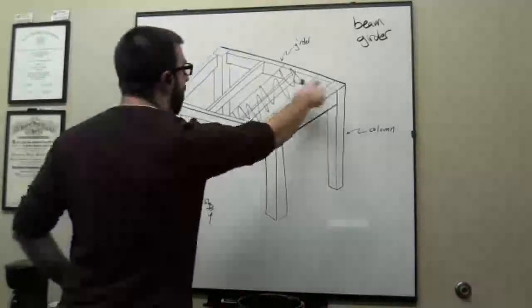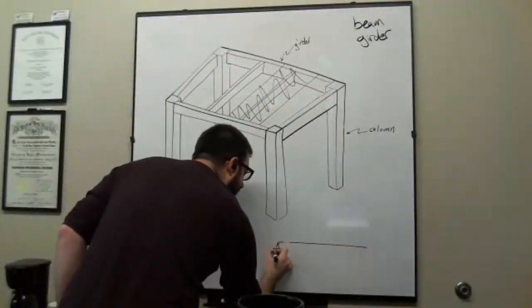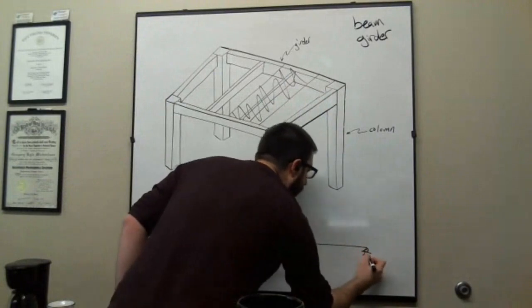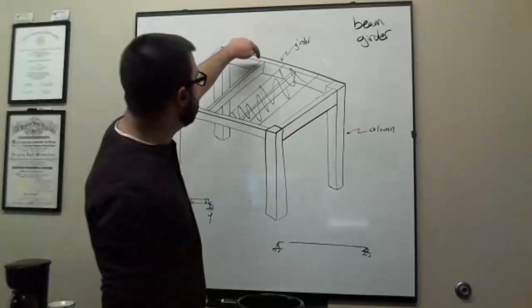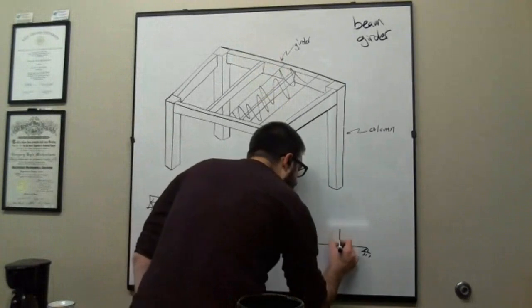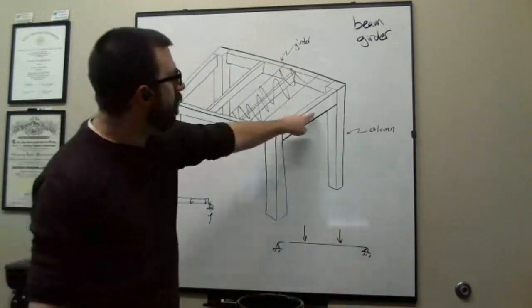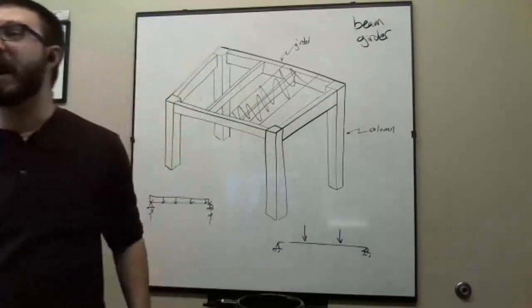So if I'm looking at this girder, right? So let's say I'm looking at this girder, I might say that this is simply supported, but this girder, instead of modeling it with, let's say, a distributed load, how many beams frame in? 1, 2. So I might say that and that. Now you might go, well, what about these beams? Well, I'd say that this beam and this beam just go straight to the column.